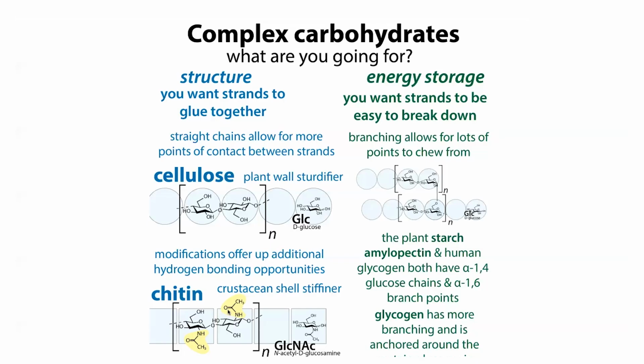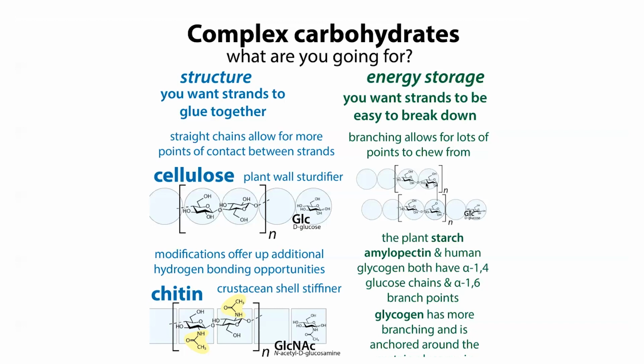Okay, so we don't have cell walls, we don't have shells, but we still need energy. So we still use complex carbohydrates for energy storage, and we use a form called glycogen. Plants use a storage form, the starch amylopectin.